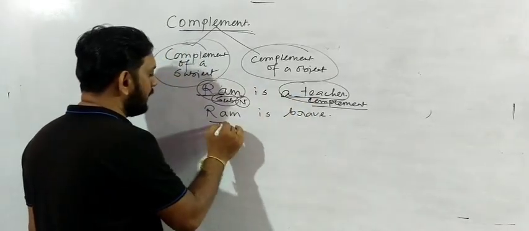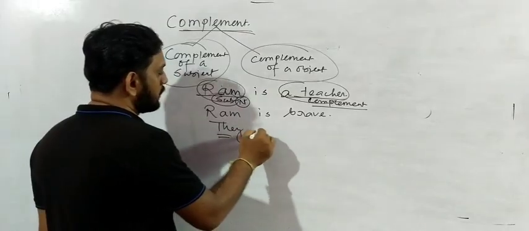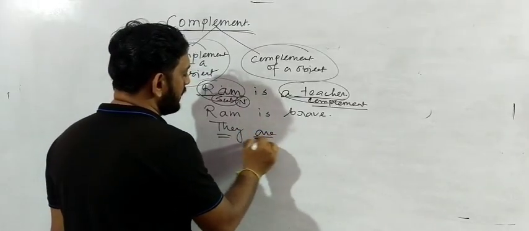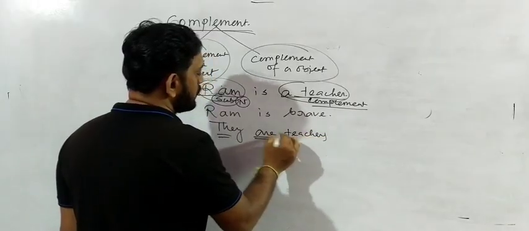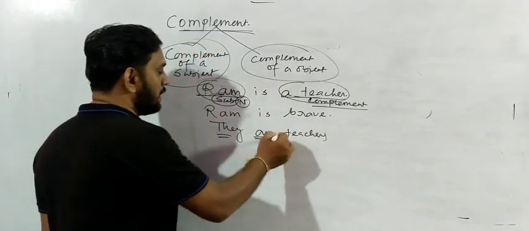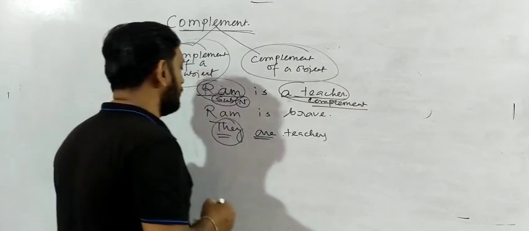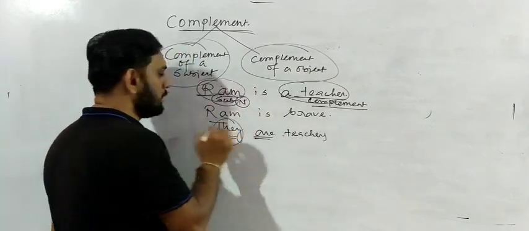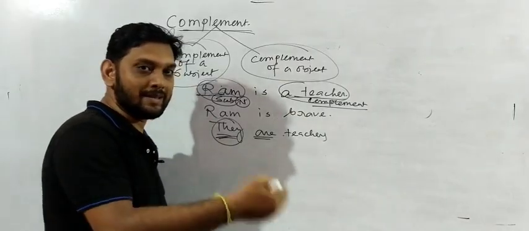If I take the subject "they", then "they" always takes the verb "are": they are teachers. We should not use "a" over here because the subject is "they". That means the subject is plural, yes or no? If it is more than one person, we have to consider it a plural subject.